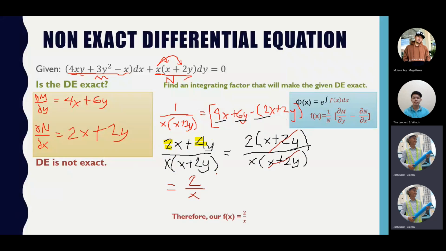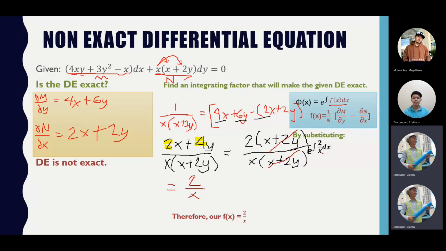So now that we know f of x, which is just equal to 2 over x, we substitute it here. So by substituting, e to the power of the integral of 2 over x dx.